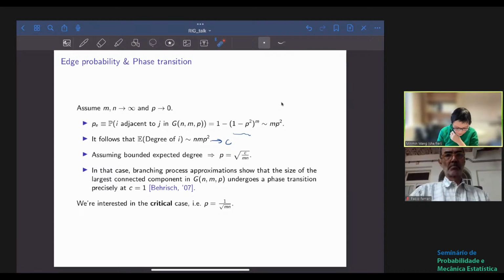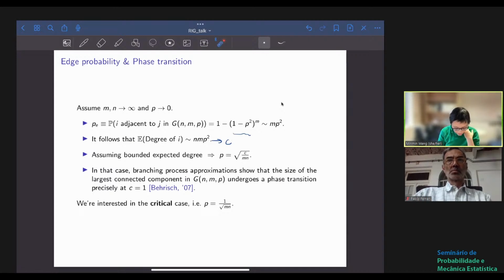The outcome of that analysis is that the size of the largest connected component in the random intersection graph undergoes a phase transition at exactly the same point as the branching process. The branching process is critical when the expected degree of a vertex is exactly 1, so the phase transition happens at c equal to 1.